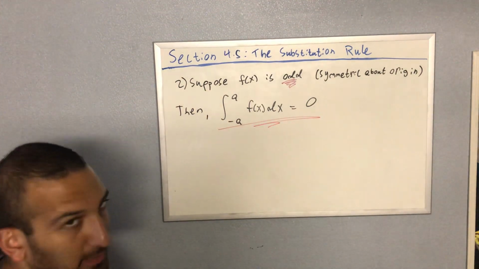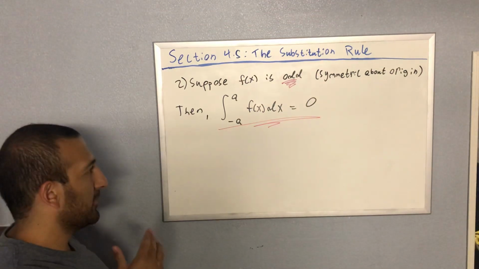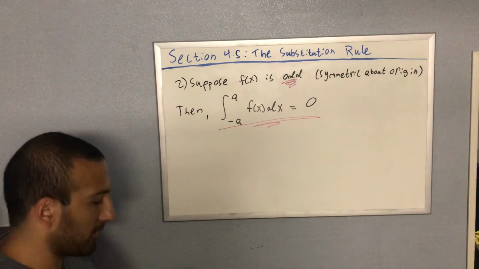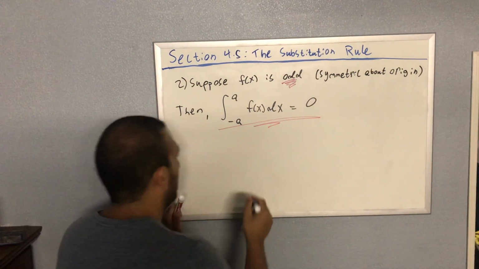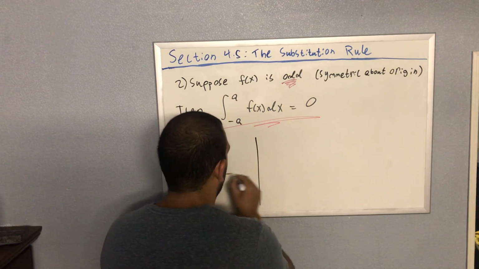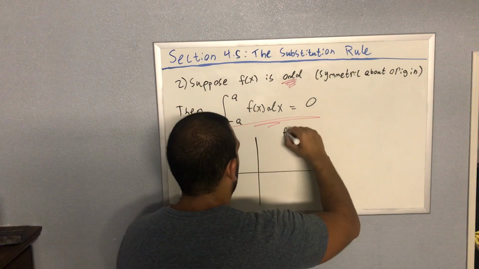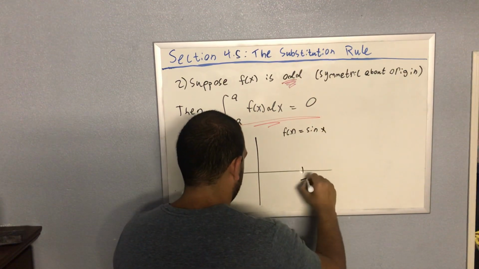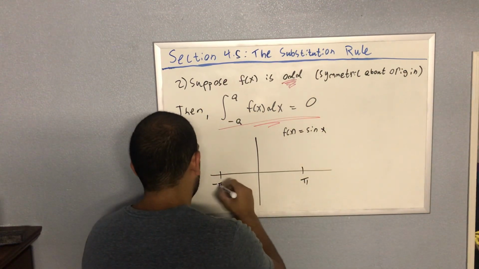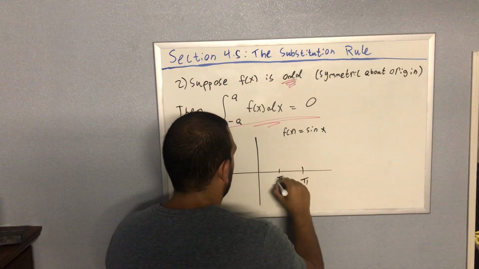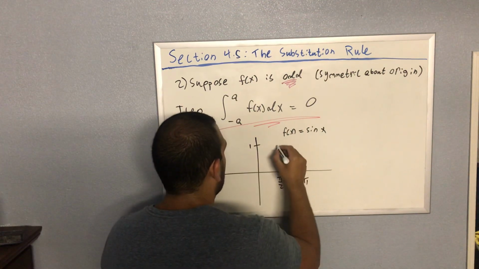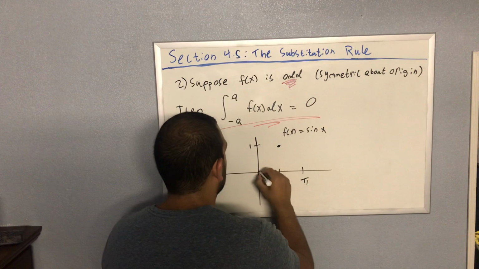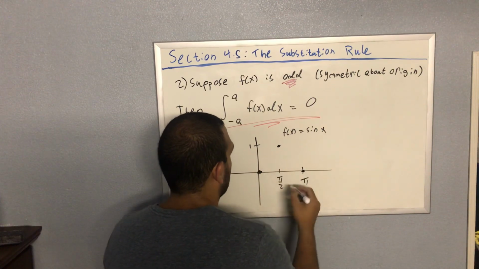Okay, and again, this makes a lot of sense if you graph what's going on. So another example of an odd function is sine. So let's look at sine x, and let's look at it on the same interval, pi to negative pi. Sine peaks at 1 here, starts off at 0, and then hits 0 again.